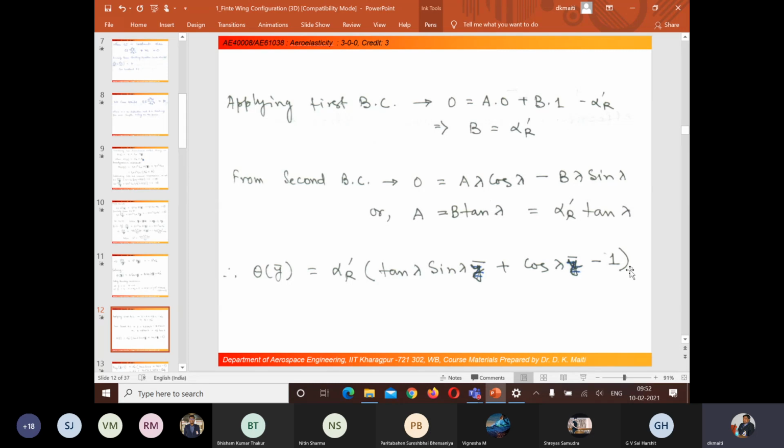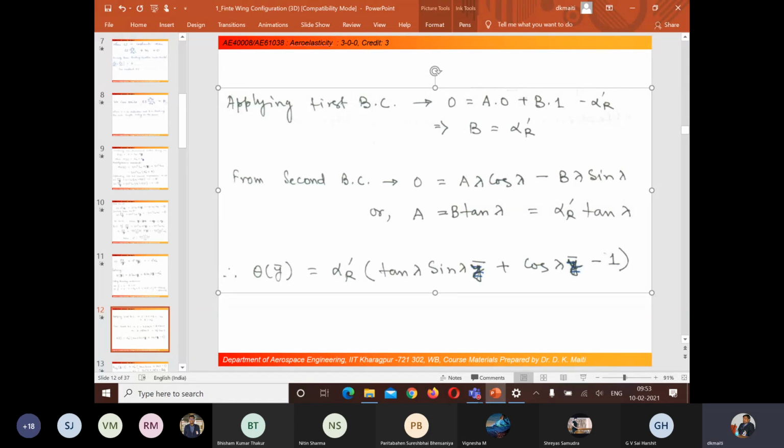So what we are getting is a definite theta deformation distribution. I can calculate theta from 0 to 1. If I substitute y bar equal to 0, this part becomes 0, and theta y bar equals 0.